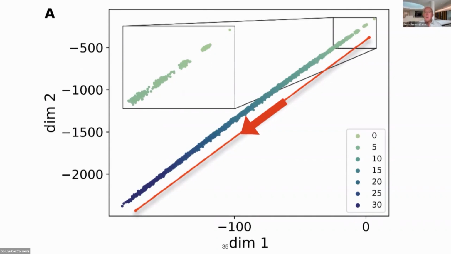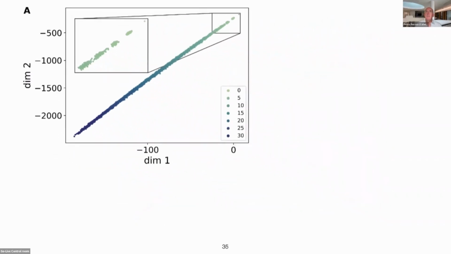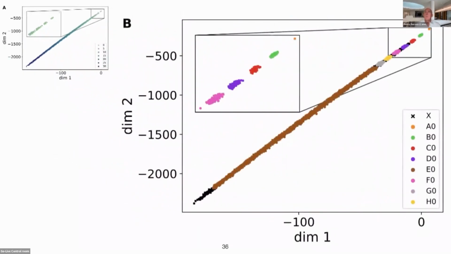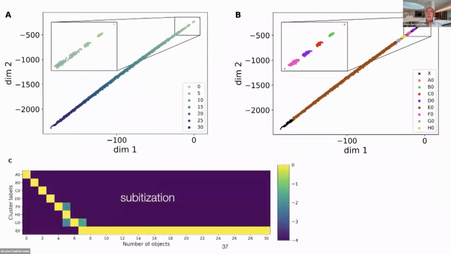And there is one more surprise. If you look at the extremum of low number of objects, you see that these dots are grouped into islands. And if you analyze the groups, you realize that each group corresponds to a scene containing a certain number of objects.